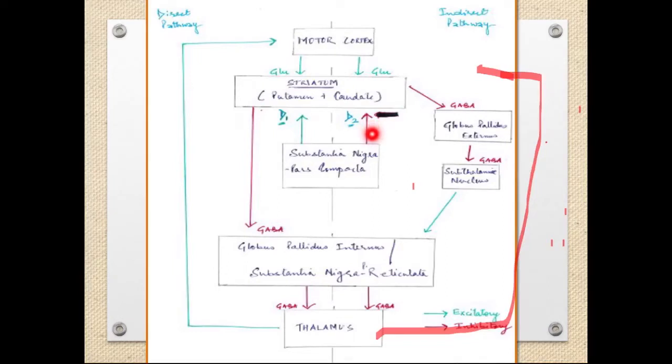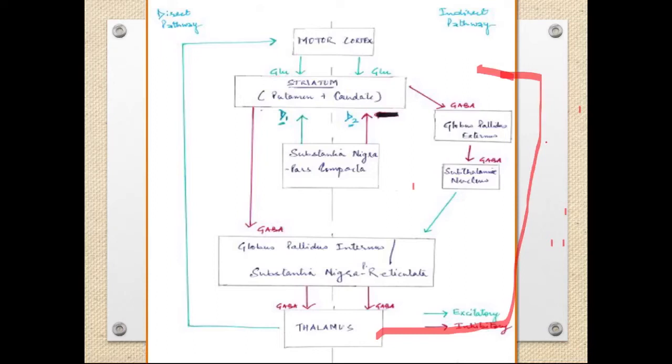So we can say the connection within the basal ganglia maintains the excitatory as well as the inhibitory pathway. It will amplify both of them. If it is acting via the D1 receptor, it will amplify the stimulatory pathway. If it is acting via the D2 receptor, it will amplify the inhibitory pathway, right?